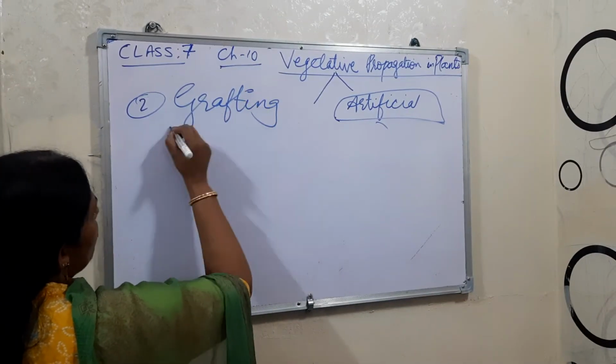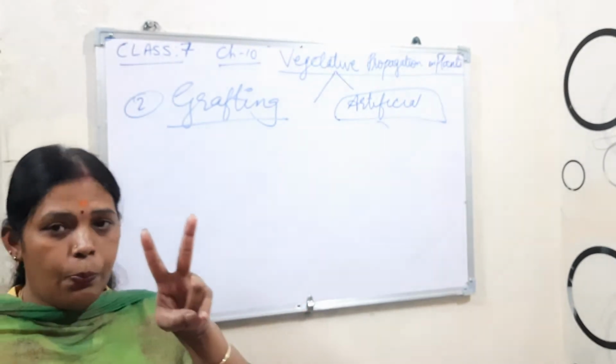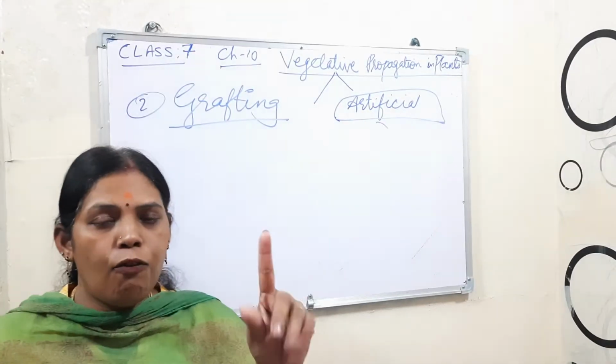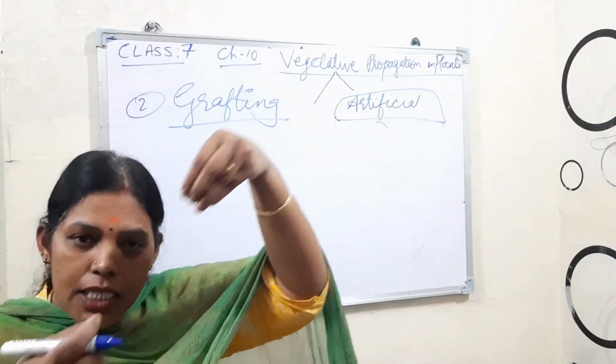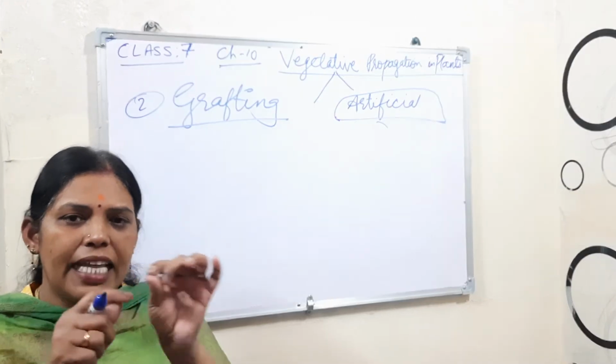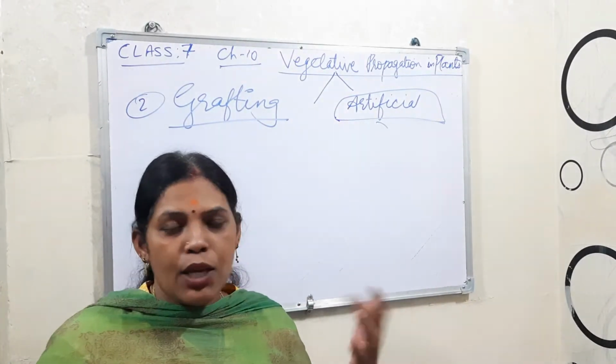In grafting, two plants are there. Part of one plant is inserted into the part of another plant, and they fuse together, forming a new one.